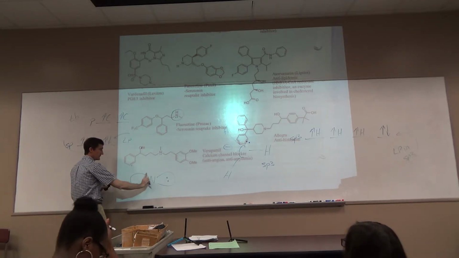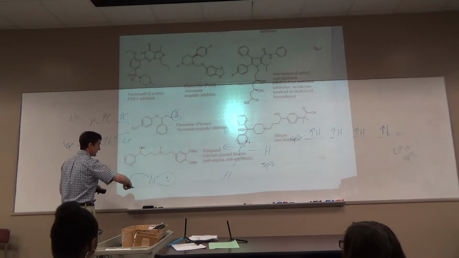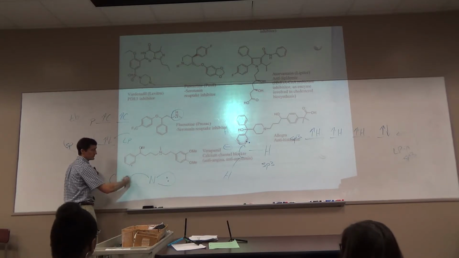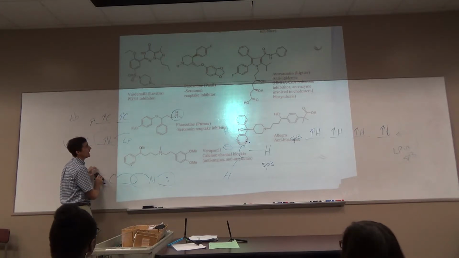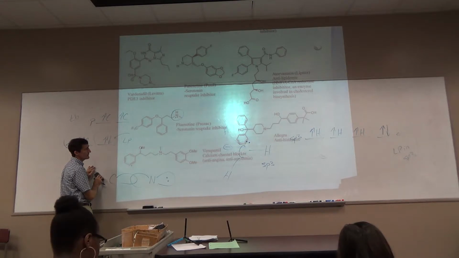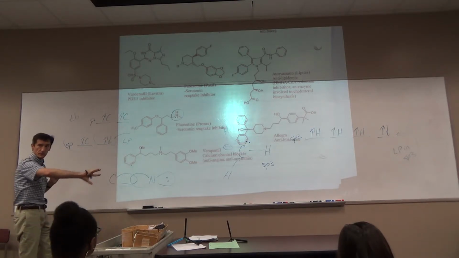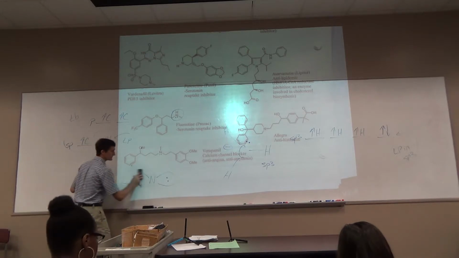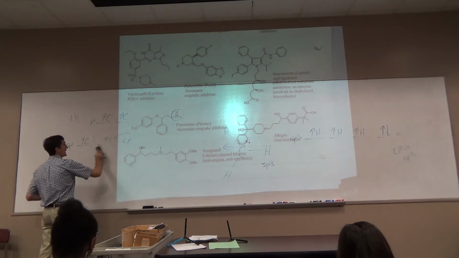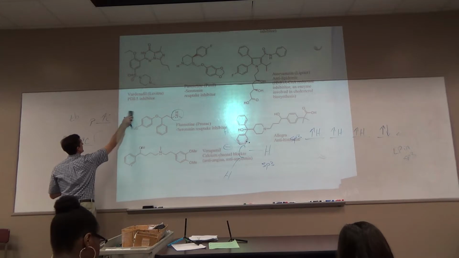One each overlapping this way, and then one each overlapping that way to make two pi bonds between here. I'm not going to finish this out. But that gets you a triple bond. The lone pair sits in the hybrid going in the other direction. Okay? Graphing is very useful in my opinion.